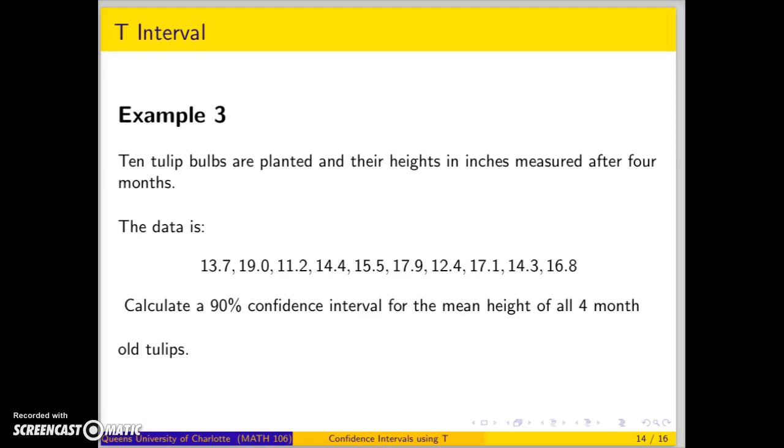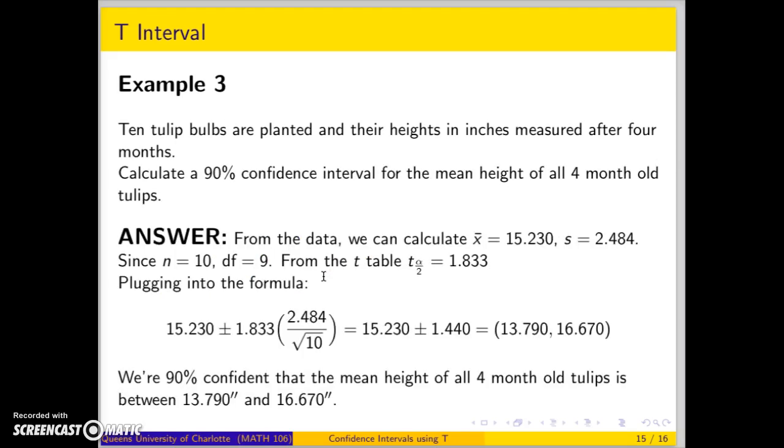So here's an example. We have 10 tulip bulbs planted, and their heights are right here, and we want a 90% confidence interval. So you can use StatCrunch for this to calculate the mean and the sample standard deviation.